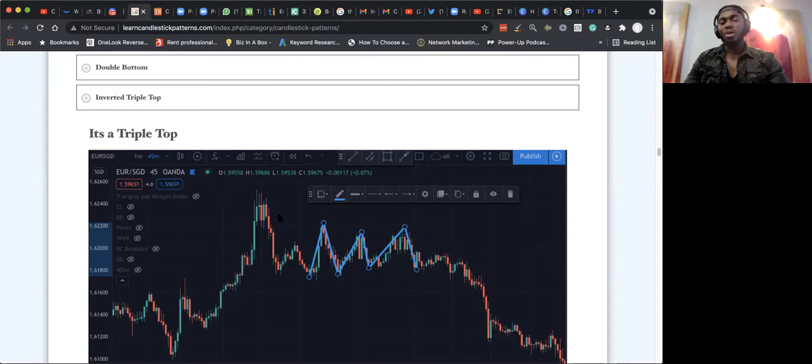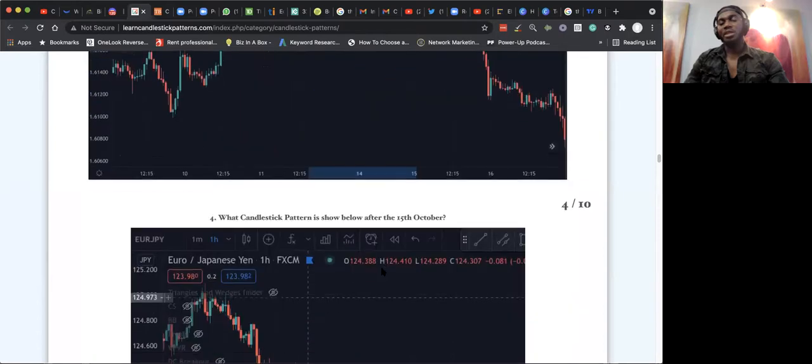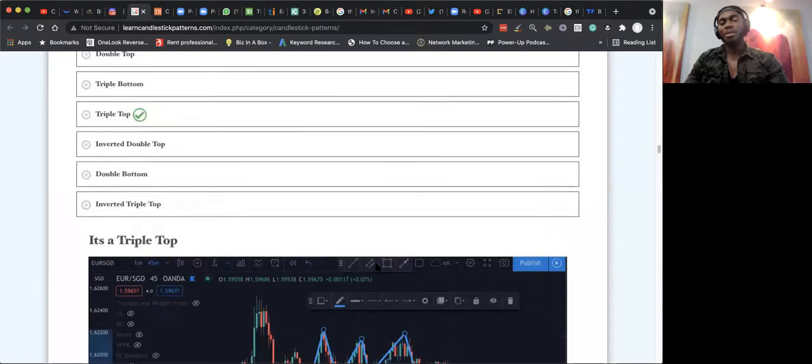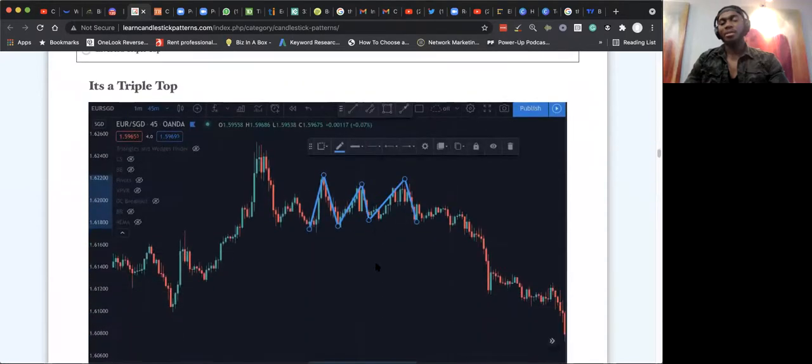So you can draw a pattern from the top with the apex right at the resistance. This is what you call a triple top chart pattern.